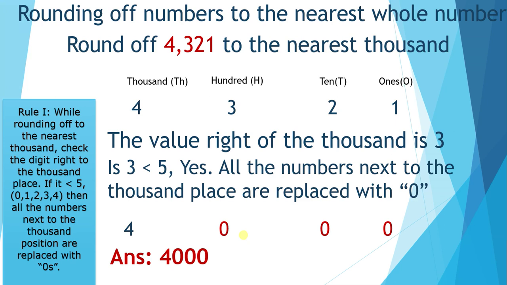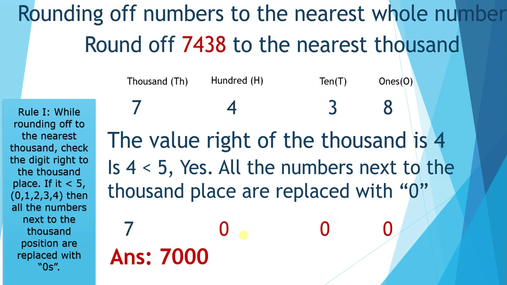So we write our 4, and it says that replace all the numbers with 0. The 3 is replaced with 0, the 2 is replaced with 0, and then the 1 is also replaced with 0. So we have 4,000 as an answer.